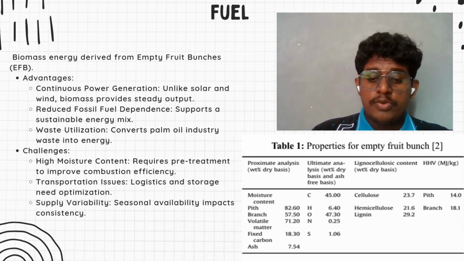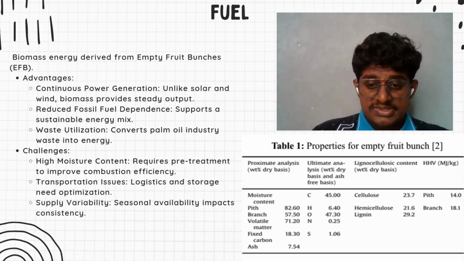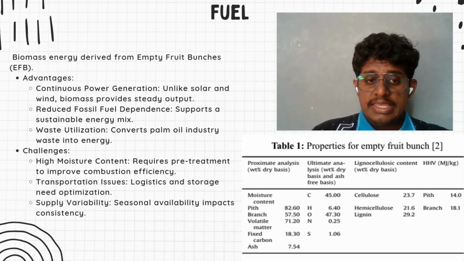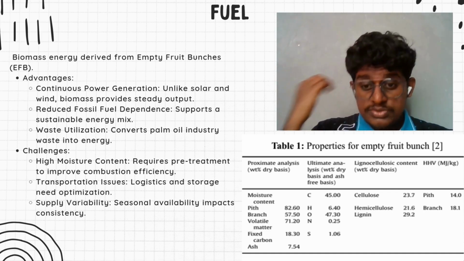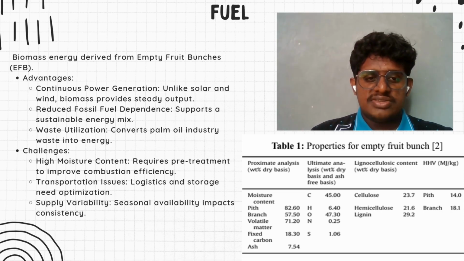To solve this scenario, we are choosing a biomass plant to stabilize the system by working as a base load. The plant uses EFB as a fuel. EFB is the empty fruit bunches from palm oil. This fuel has a few advantages and disadvantages.